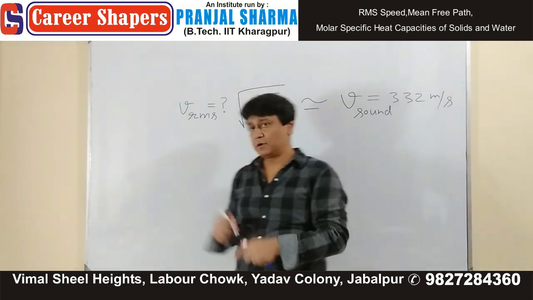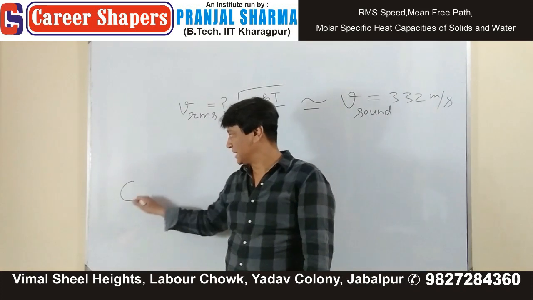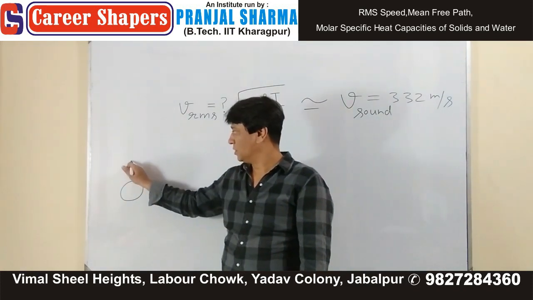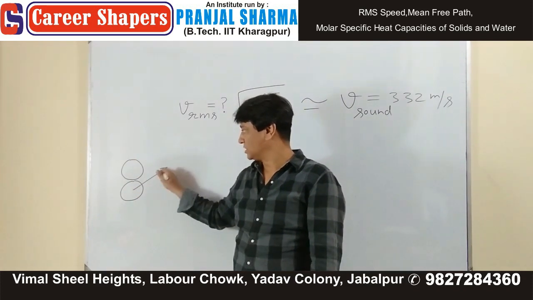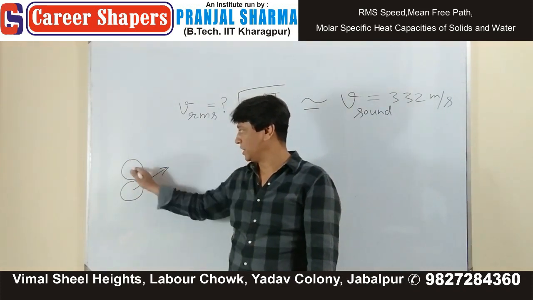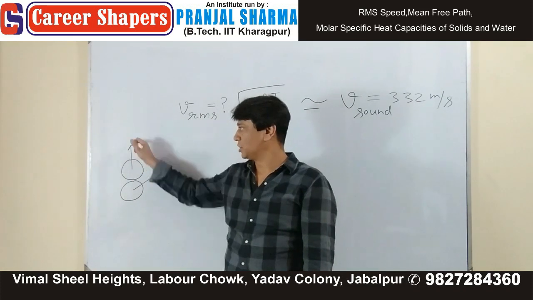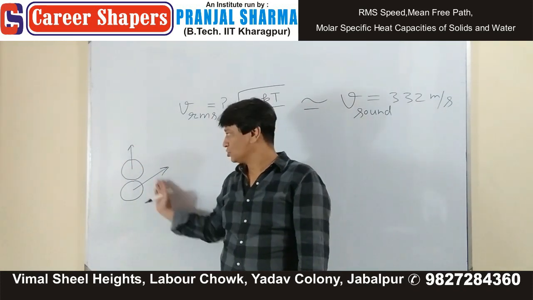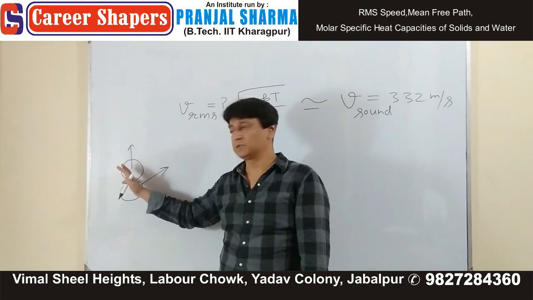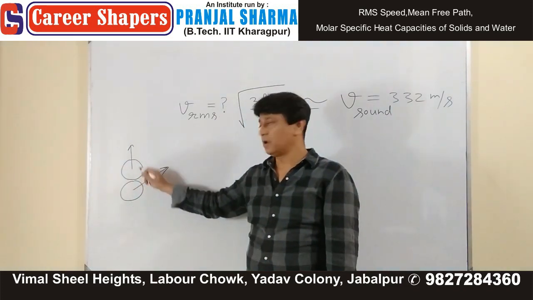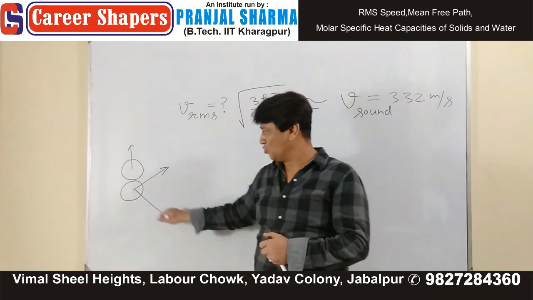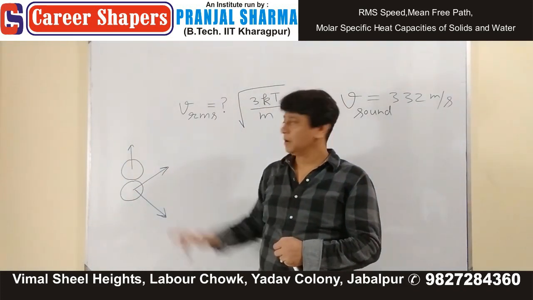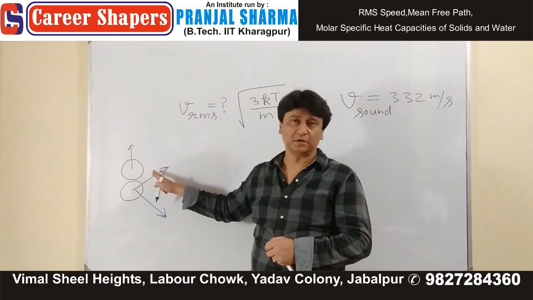So whenever an oblique collision takes place, what is an oblique collision? I hope you remember. So whenever an oblique collision takes place, this molecule is moving in this direction, this molecule after the impact may move in this direction depending on the angle of collision.